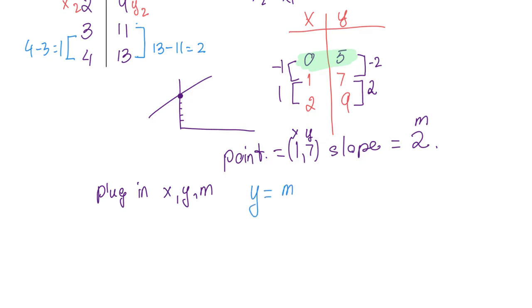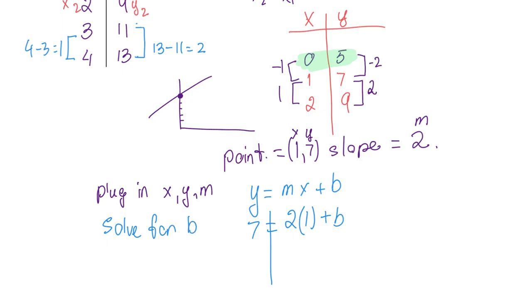y equals mx plus b. So instead of writing y, I'm going to write 7 equals, and instead of writing m, I'm going to say 2. 2 times 1 for x plus b, because we don't know what b is. So we're going to solve for b. All right, so 2 times 1 is 2 plus b.